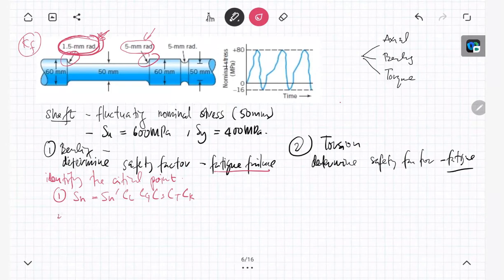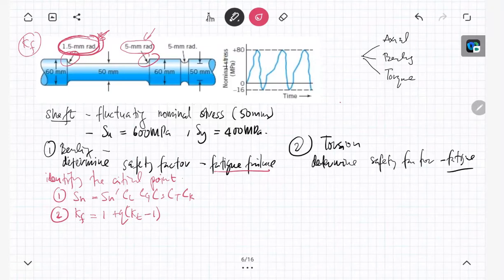The second one, Kf, equal to 1 plus Kt minus 1.